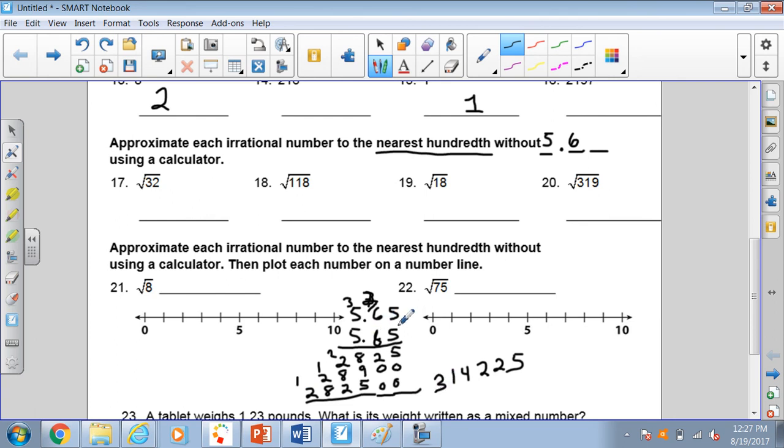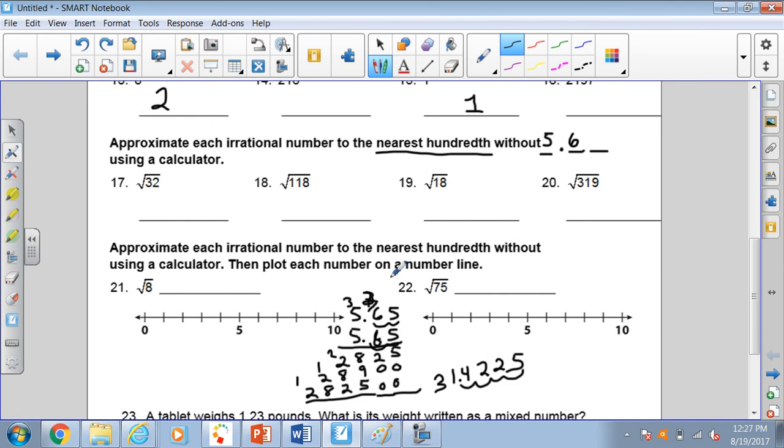Now we have, remember, 1, 2, 3, 4 place values we had bringing in for our decimal. So we have to go 4 in, 1, 2, 3, 4. Our number is 31.4225. And that is really close to 32.